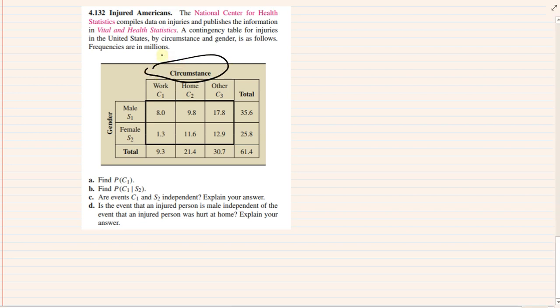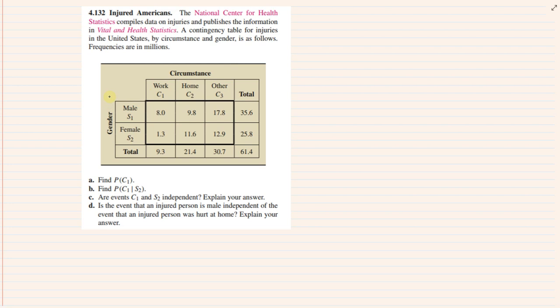The variables are circumstance and gender. Notice both of these are qualitative variables, and we can actually do this for qualitative variables. Okay, so we have the table as given.